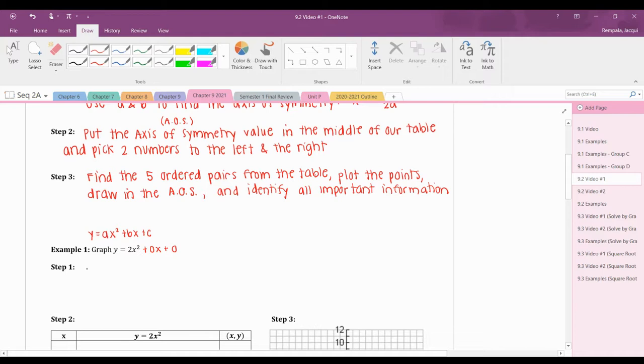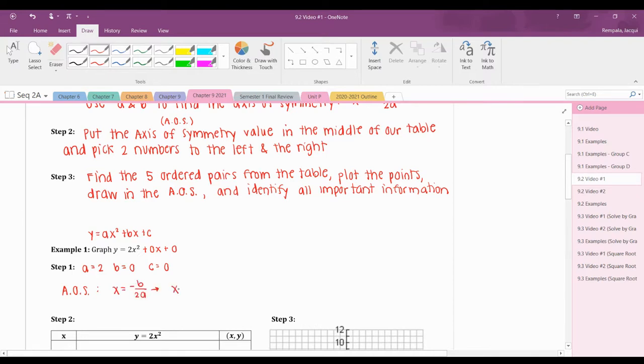Okay, so hopefully we're okay with noticing that because 2 is in front of the x squared, that's your a value. B, there isn't one, so that's 0. And your c value, there isn't one there either, so that's also 0. So we identified a, b, and c. And now we're going to create our axis of symmetry by doing x equals negative b over 2a.